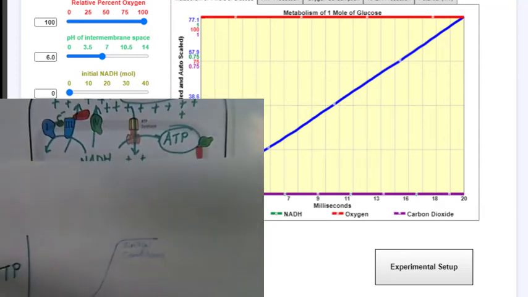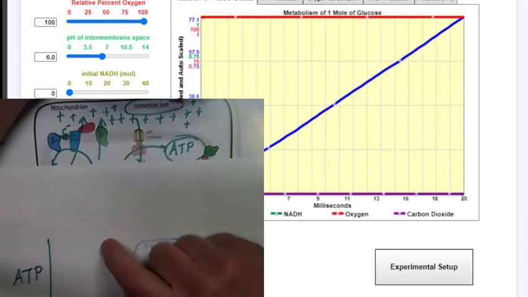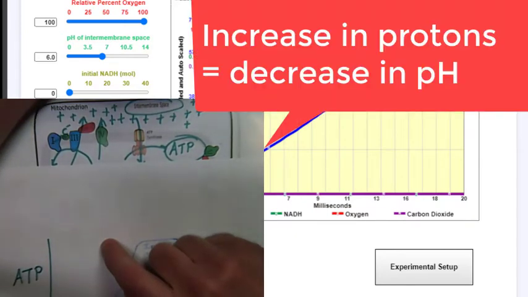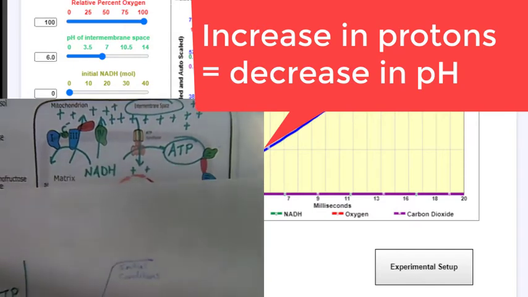And then we have them go back to this model and say, okay, well, why is that? And this is where a lot of misconceptions happen. One of the most common ones is, do students understand that an increase in protons is a decrease in pH? Let's get through that misconception first.